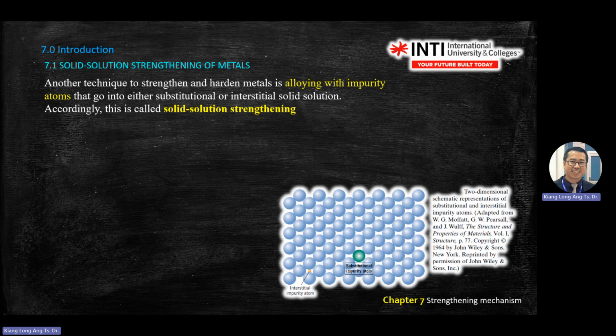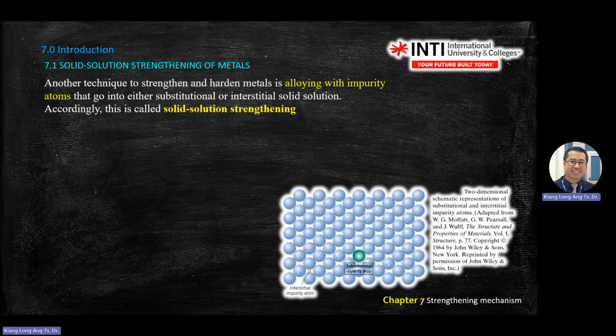If you don't know what the rules are, it's actually mentioned there are certain guidelines. For example, the radius should stay within how many percent, the electron valence, the electronegativity, and all this. Go and read. Then another type of impurity is interstitial. You go to the space there and you park there.